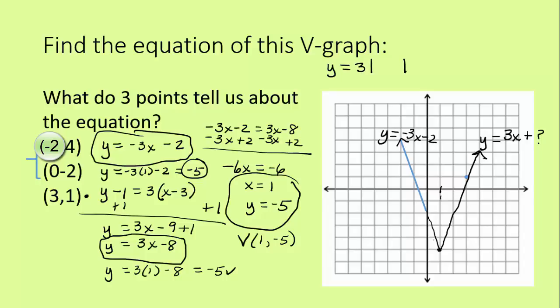And then, using our vertex and working backwards, I'm going to put the opposite of the x-coordinate in here and the y-coordinate the way it is out here, because remember, it's been moved away from the y to this side of the equation. And there is the equation of the absolute value graph that goes with 3 given points.